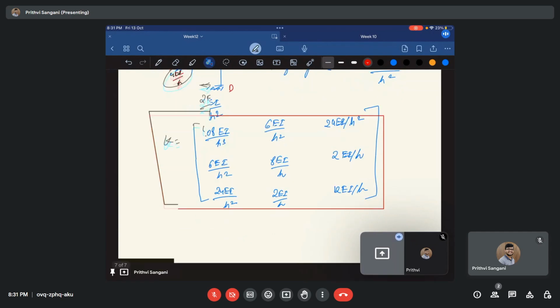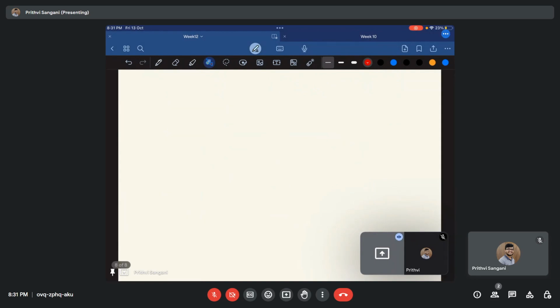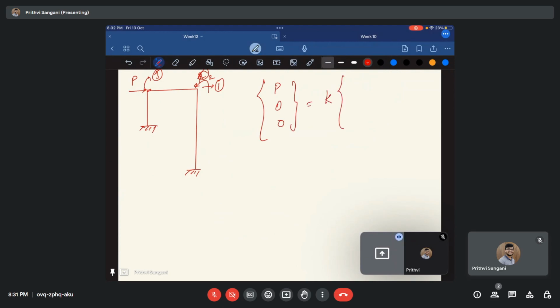So in the question, what was asked? Let us say you are applying a force P here. In which degree of freedom is that? One. This is 1, 2, 3. So P is actually in degree of freedom 1. You already found out what K is. D1, D2, D3 you can simply find out, right?